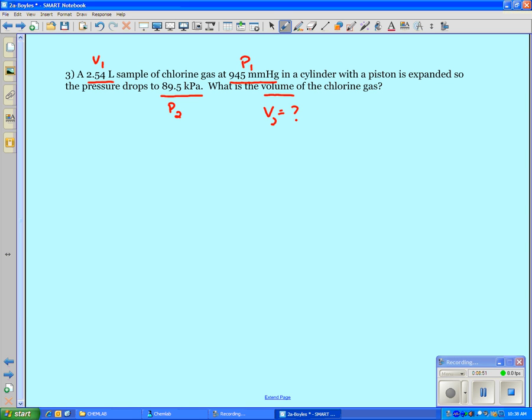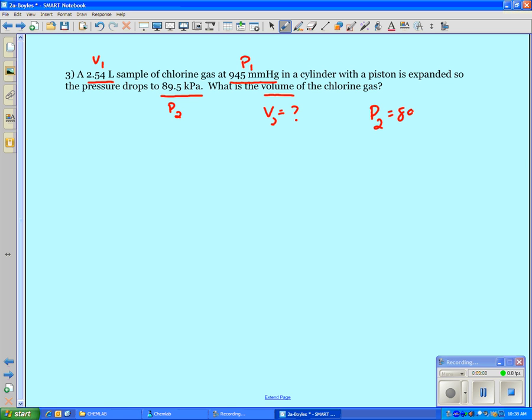If we put all of these numbers in, there's a problem. We don't have two pressure units that match each other. So one of these pressures needs to be converted or changed into the other. Doesn't matter which one you do, but I'm going to convert pressure 2 so that it's in millimeters of mercury.